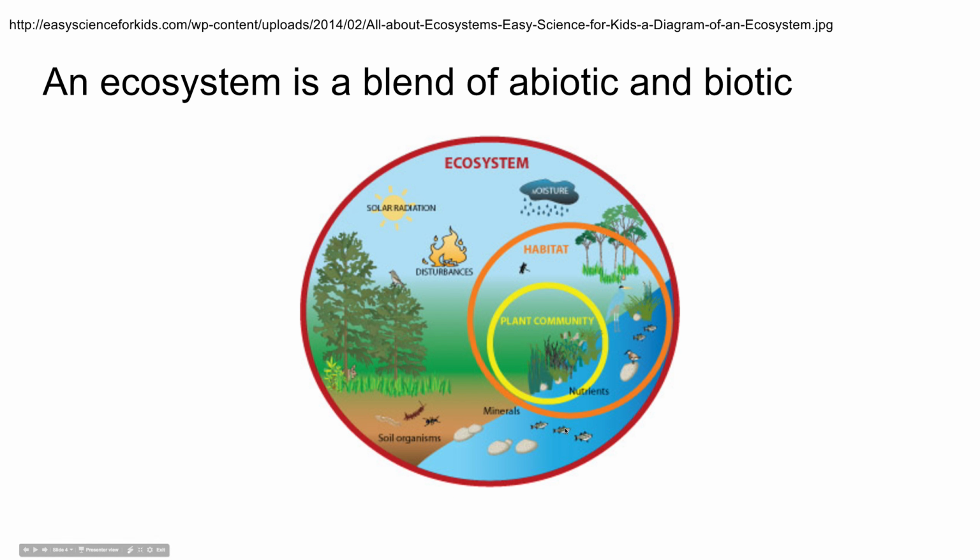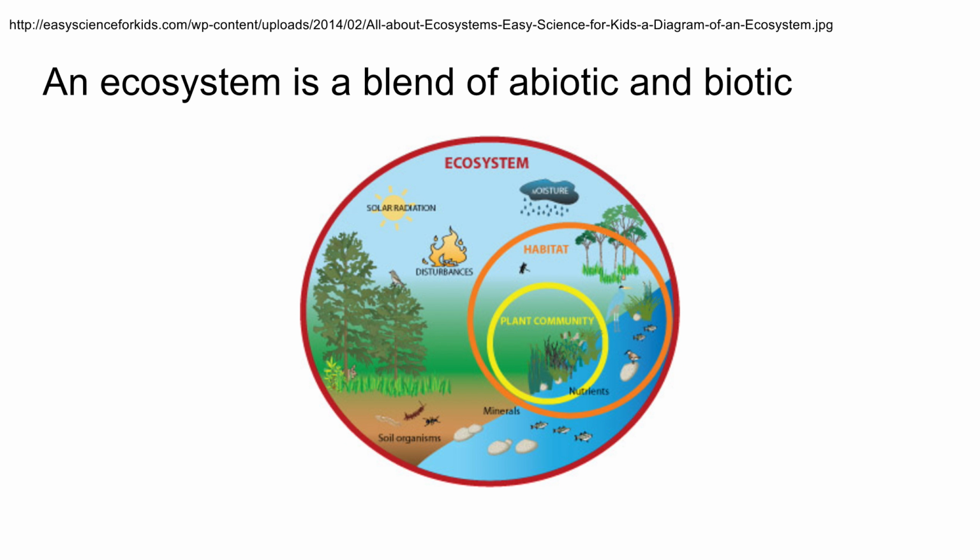Or we could look at a population of them, a whole bunch of the same organisms interacting with their environment, or groups of these organisms interacting with their environment, or the entire type of pattern that we notice around the world, a biome, which would be similar types of environments and the organisms within them. But any view that we use, it's still dealing with an ecosystem. It's a mixture of the living and the non-living.